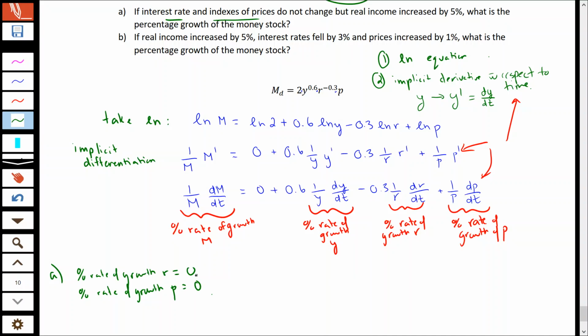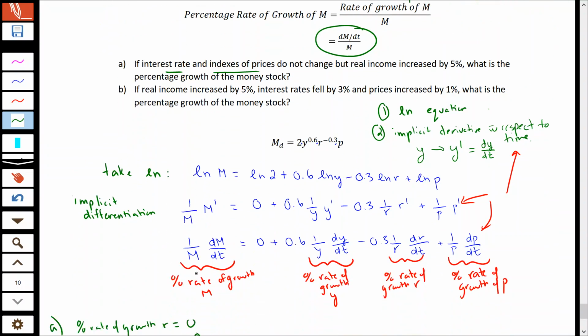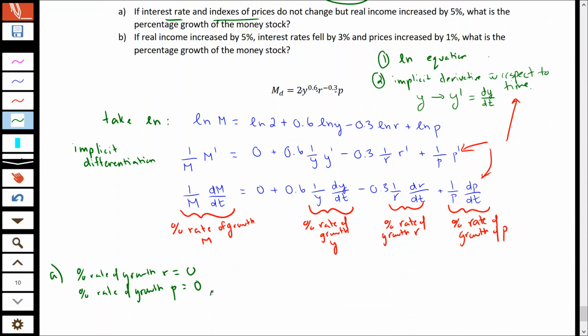But it's telling me real income, and going back to your variables, real income is y. Real income increased by 5%. So the percent rate of growth for y is going to be 5%.